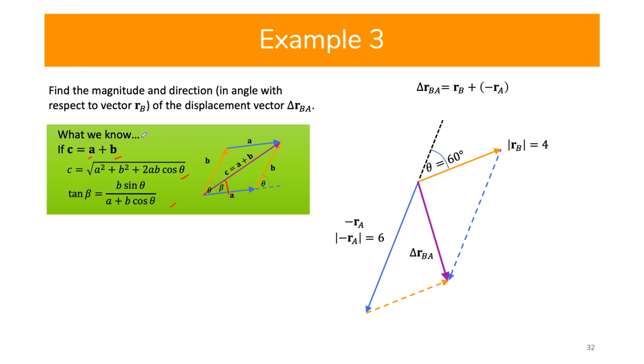So we can make an analogy between the situation that we know well with the formulas and the situation that we have here. I can say that this delta RBA, the displacement, is analogous to C, the vector RB is analogous to vector B, and the vector minus RA is analogous to the vector A. The choice that I make here is that minus RA is A, not B. That's my choice.